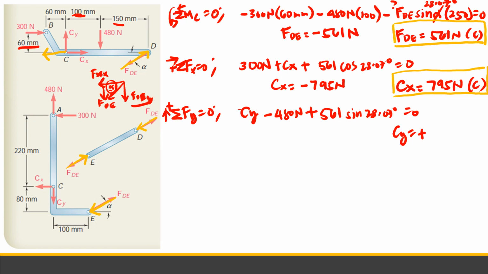Ganito pala dapat. Tension siya but opposite direction. Ayan. Equals 216 Newton. So that is for the CY.